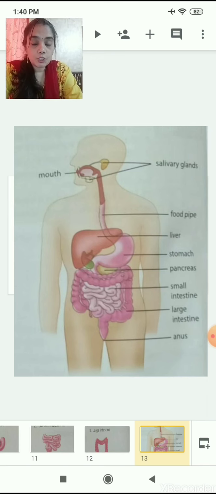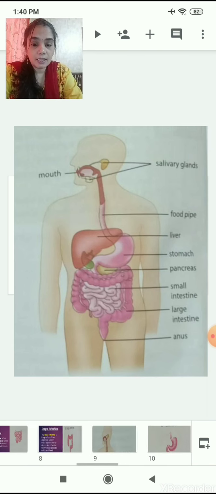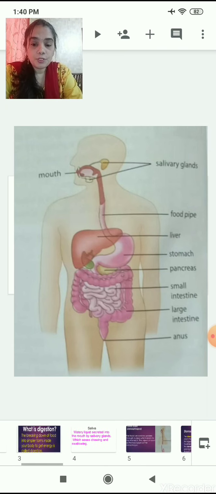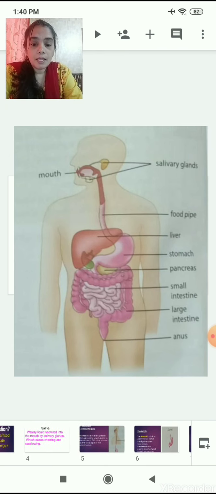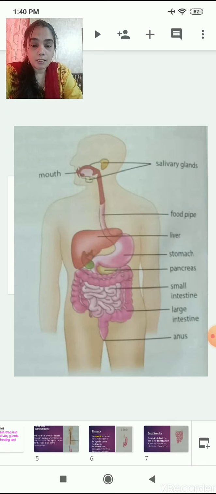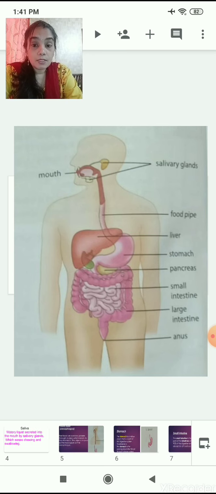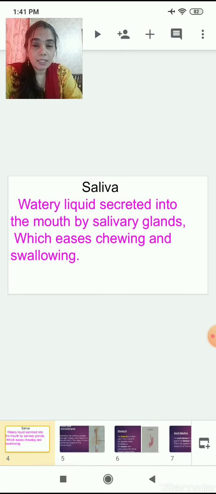And we also learned some definitions. What is salivary glands? What is food pipe? Then what is called stomach? And what do you mean by saliva? That is some watery liquid secreted in the mouth.